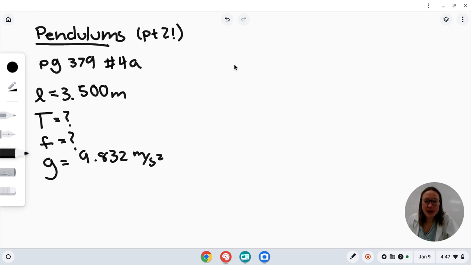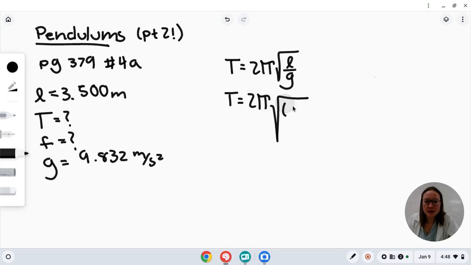We know that T is equal to 2 pi times the square root of L over g. We have all of those things, so finding T is easy. We don't need to rearrange it at all. We can just plug in numbers here. T equals 2 pi times the square root of, my length is 3.500 meters.